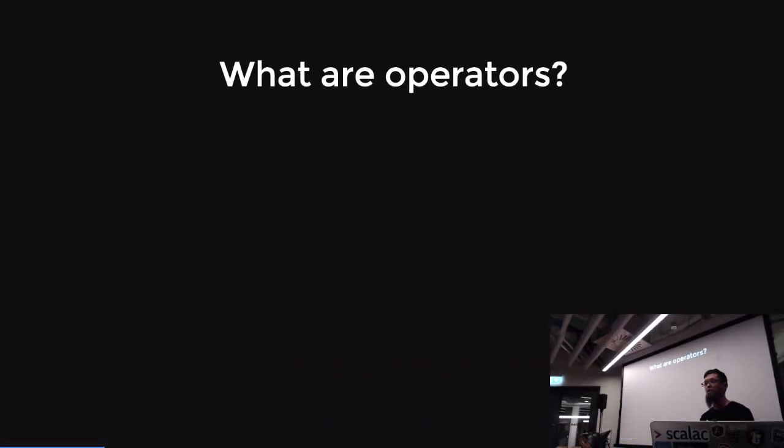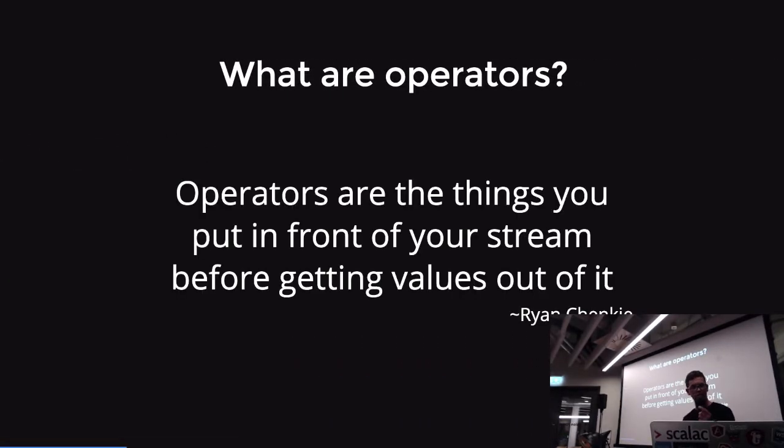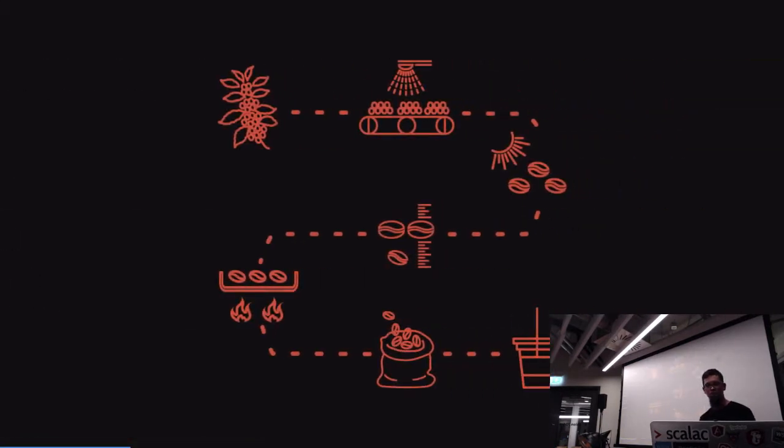And what are operators? I like this quote: operators are the things that you put in front of your stream before getting the values out of it, quoting Ryan Chenky. So how can we visualize that? Because I'm a real coffee snob, I like to show this example.